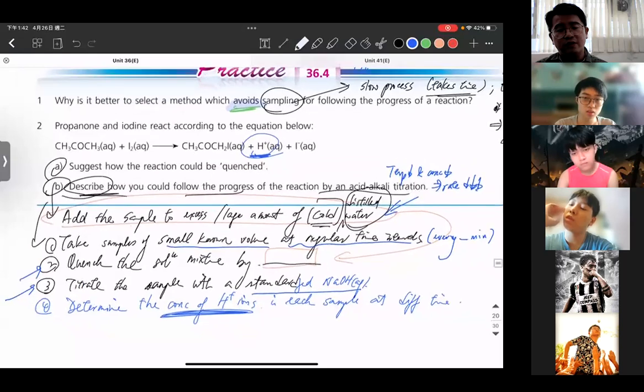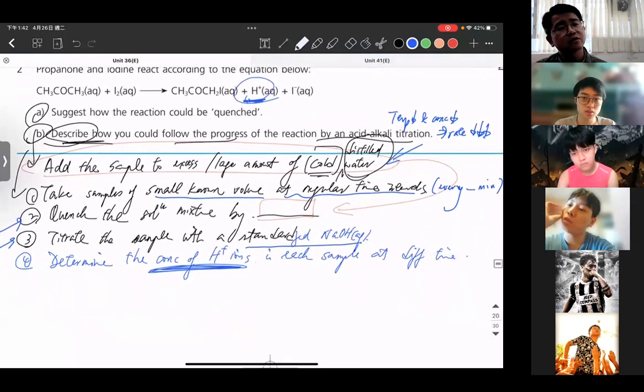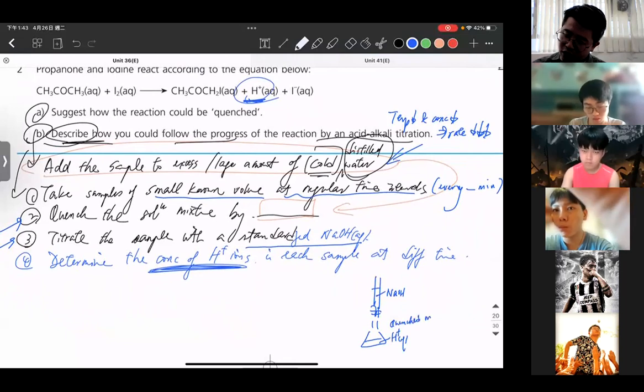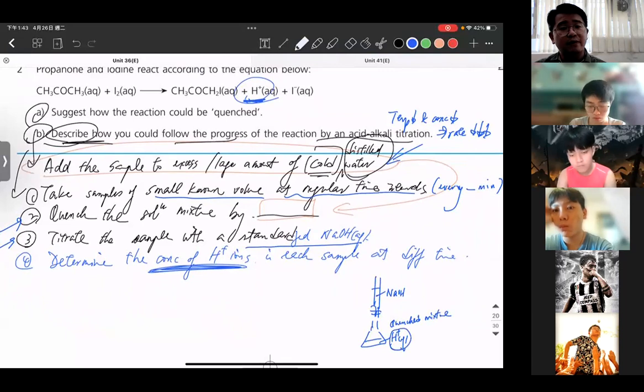Titrate the sample with a standardized NaOH. Do you understand? During titration, NaOH is above, in the burette, while the quenched sample mixture is found here with the acid. Can you get my point?